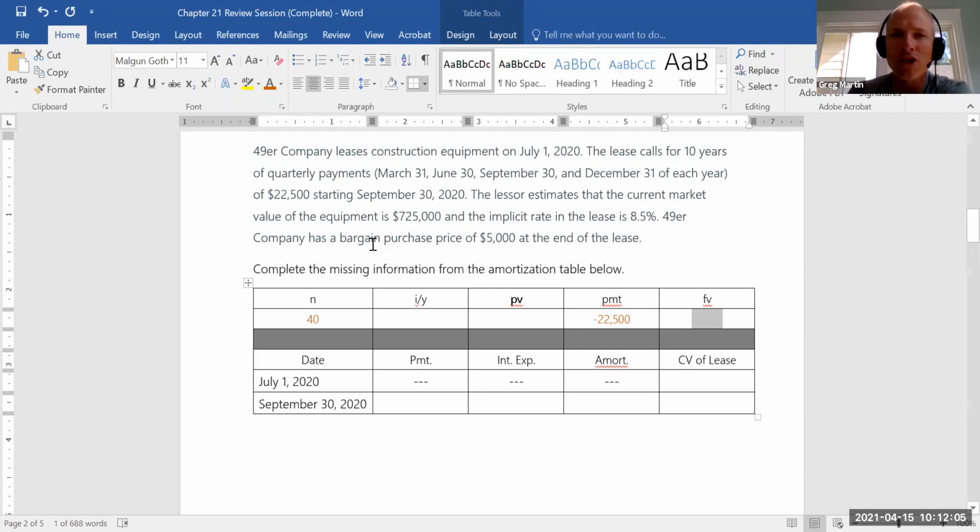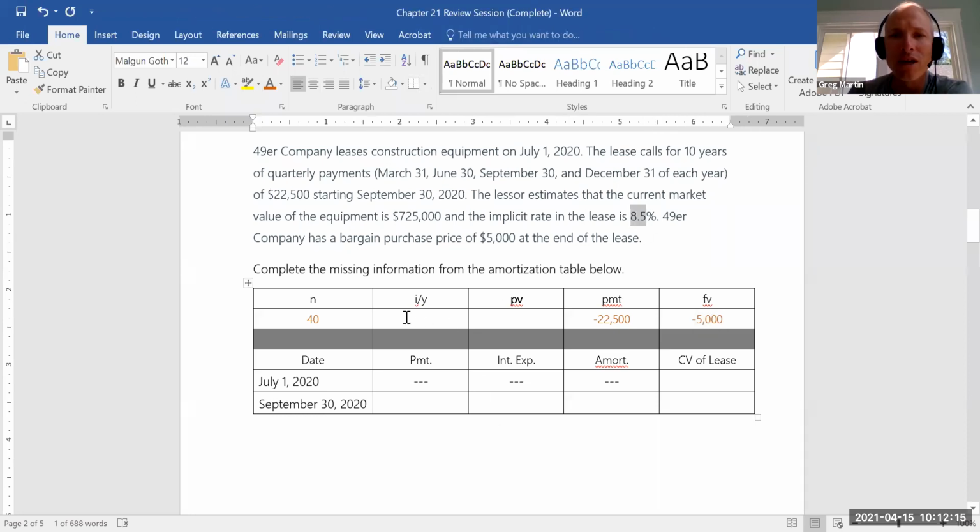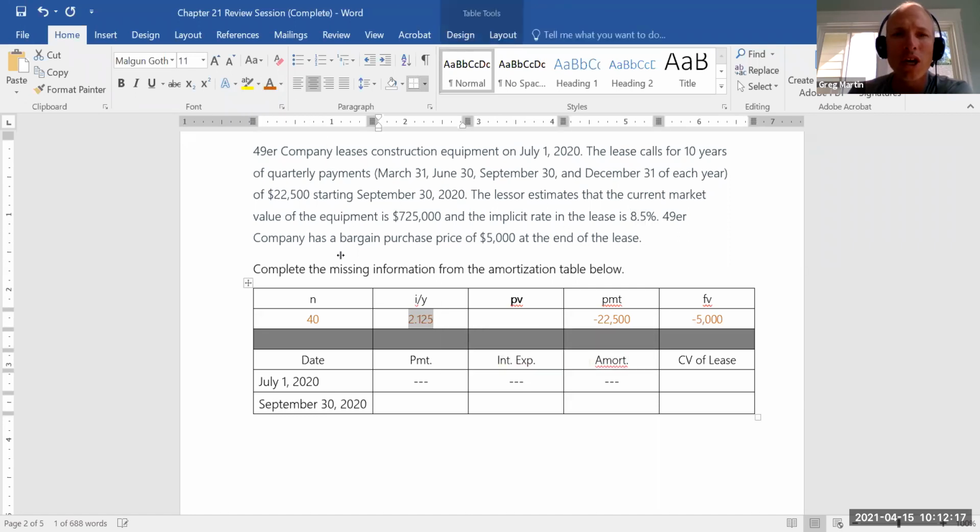In this case, because there's a bargain purchase price, that is an assumed obligation, so we include that negative 5,000. We're given an implicit rate of 8.5%. If we divide that by 4, we get a quarterly rate of 2.125. Since we've done two calculations, I'm moving more quickly through this one. When we solve for that, we get a present value of $604,375.